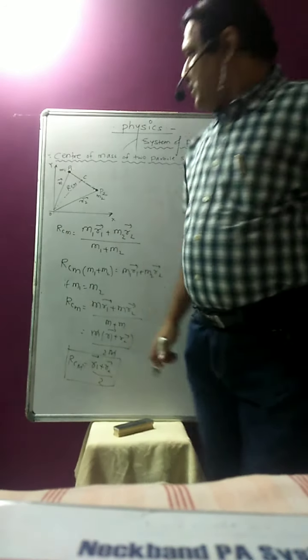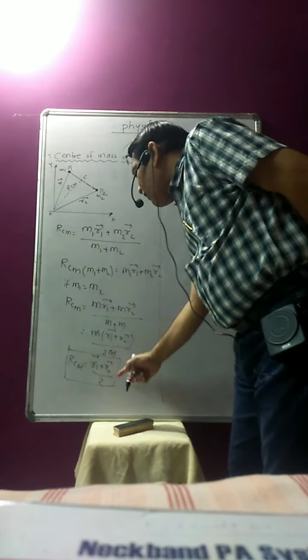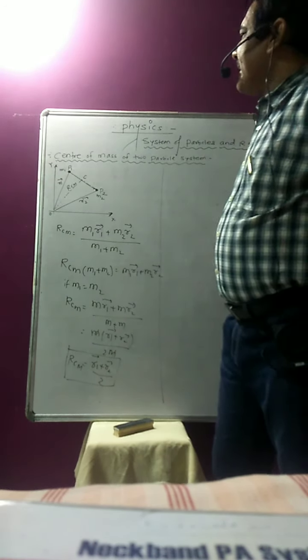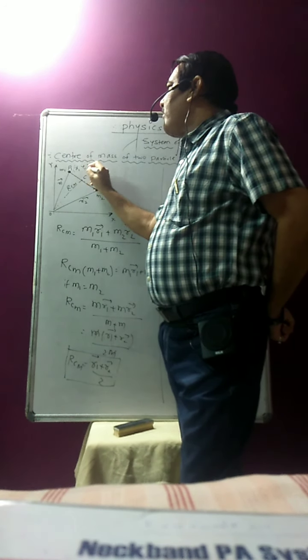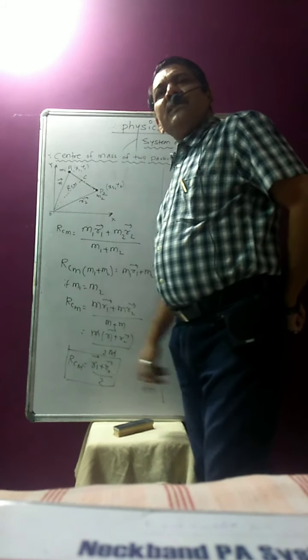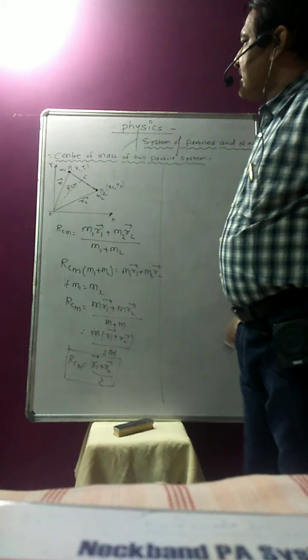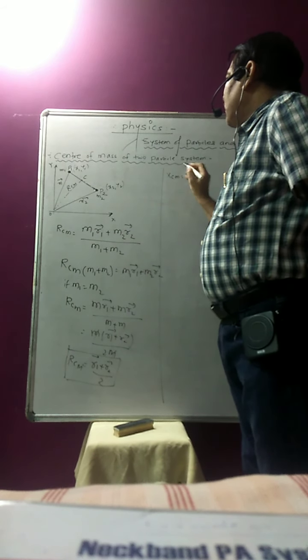Once you have the idea of what the center of mass means and where it lies, now suppose these two particles have the coordinates x1, y1 and x2, y2. Then I will be able to find the center of mass along the x-axis and along the y-axis.